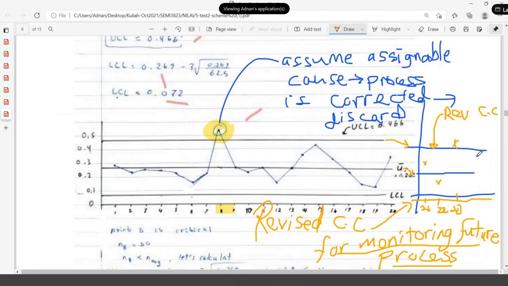But you need to continue the process. So whenever the point that you are producing, you keep monitoring whether it is within control limit or not, or it is outside control limit, based on revised control limit. Okay, so we do not have the control limit using this data, not yet. Okay, this data, katakan happen to be at a few point outside, you revise again. This is revised for the new revision pula.